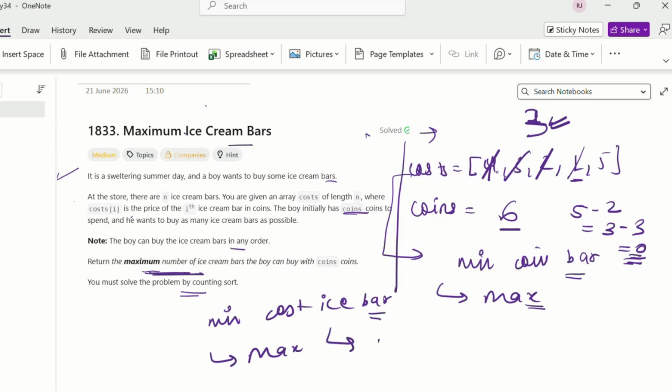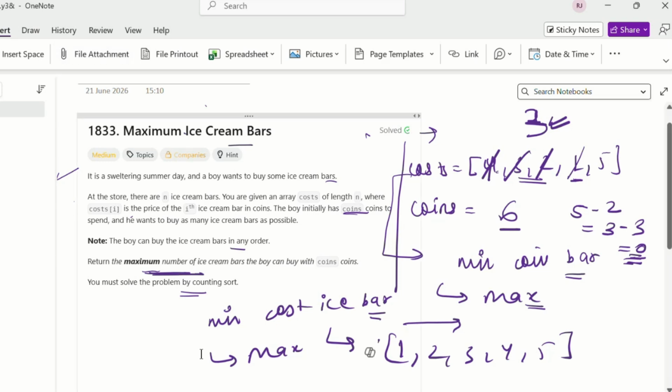So we need to sort this cost vector. If I sort this, it will be something like 1, 2, 3, 4, and 5. And we will try to find, from left to right, if I am able to buy that ice cream bar. How will I check using this vector?